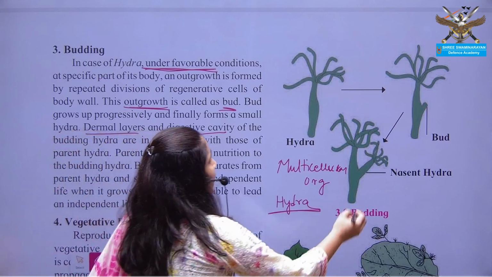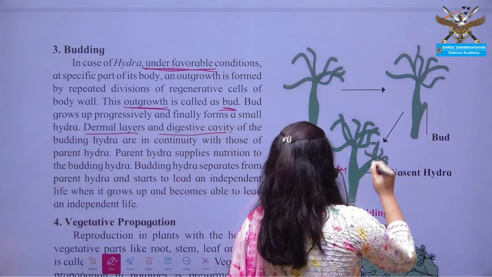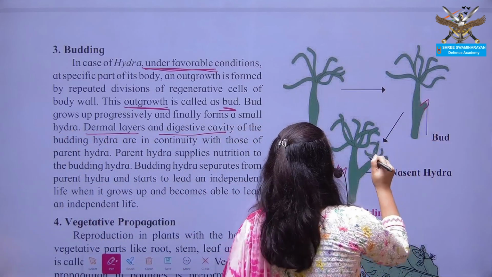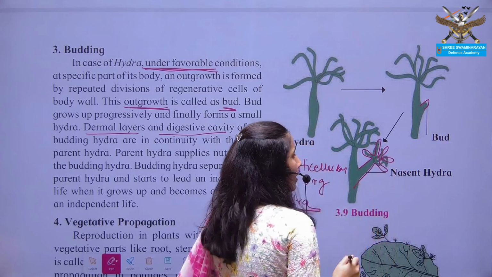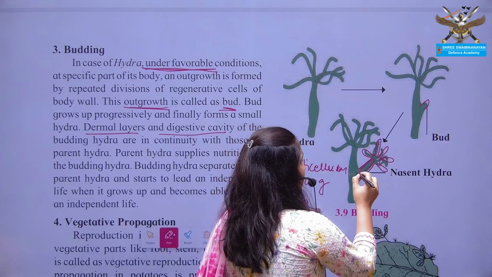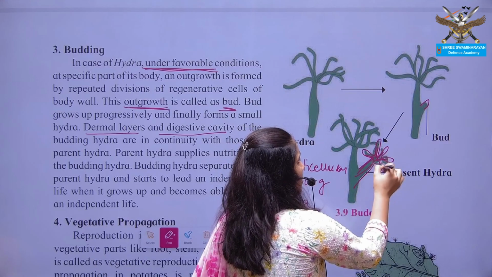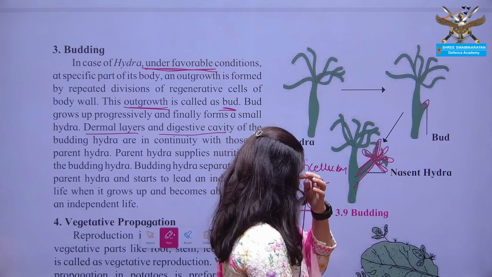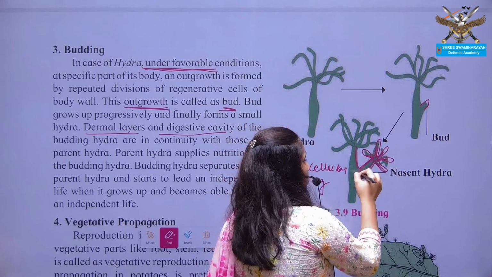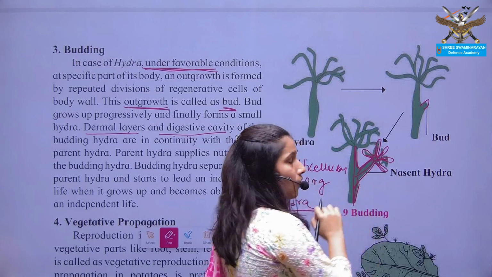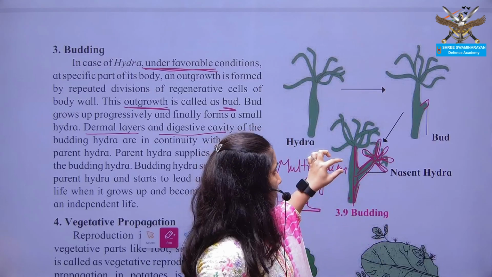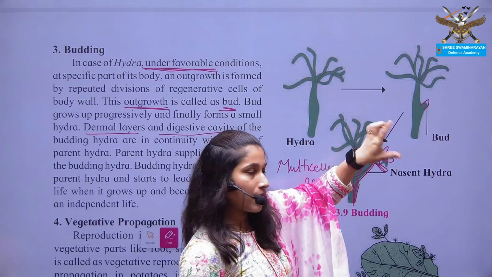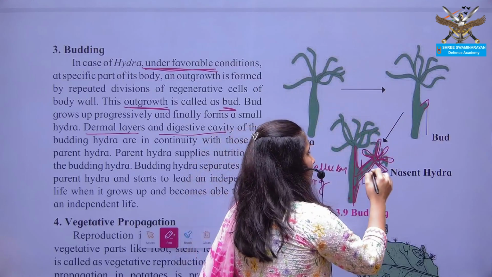Internally, this bud grows completely, but its digestive system and epidermal layer are in continuity with the original organism, and from this original organism it gives rise to a new bud.